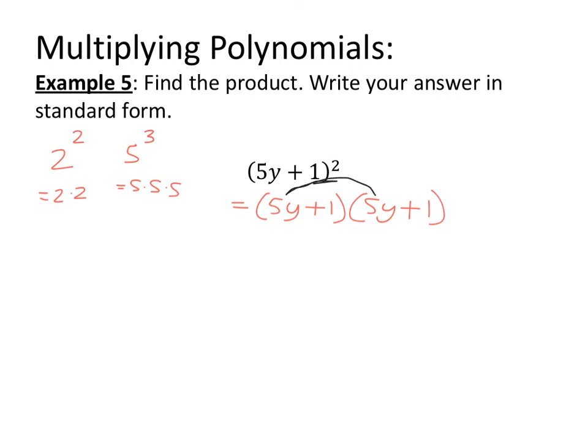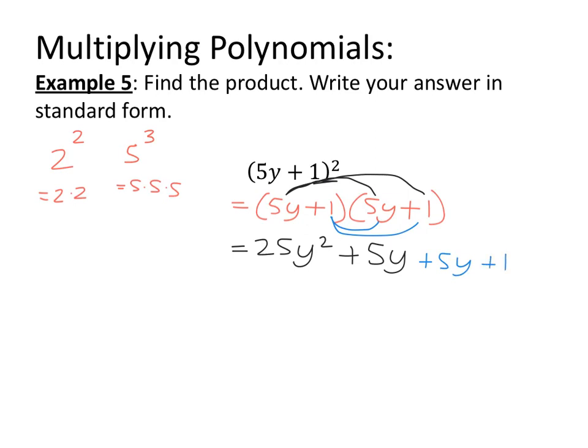Now 5 times 5 is 25, and then y times y is y squared. And then I'll do the 5y times the 1, which will be a plus 5y. And then I'll do the same thing with the 1. 1 times 5y and 1 times 1. 1 times 5y will just be a positive 5y, and 1 times 1 will be a positive 1.